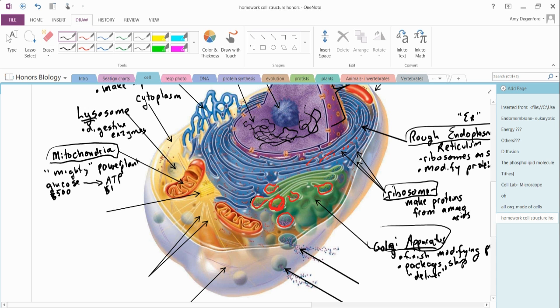All right, so next up would be these little orange guys right here, and these little orange guys are called centrioles. And these centrioles are going to be really instrumental in making the microtubules.